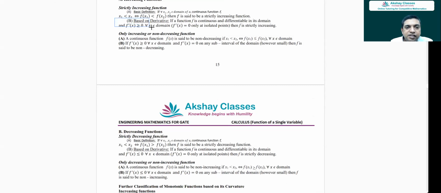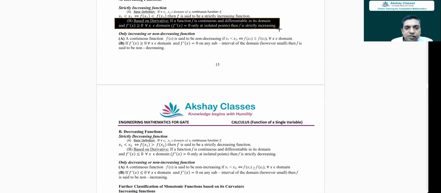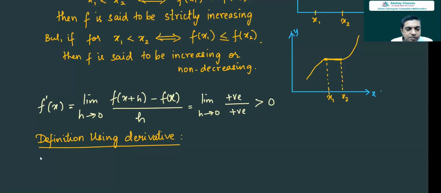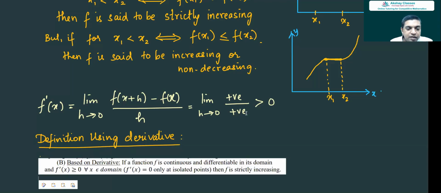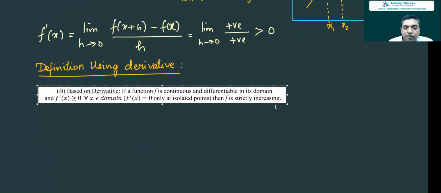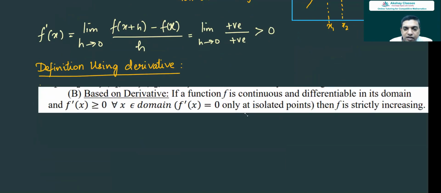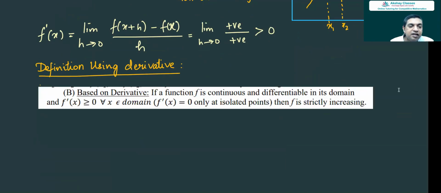A function is said to be continuous. So if a function is continuous and differentiable in its domain and f dash x is greater than or equal to 0 for all x belonging to the domain, and f dash x equal to 0 only at isolated points, then f is said to be strictly increasing.